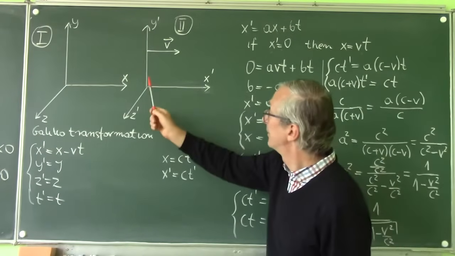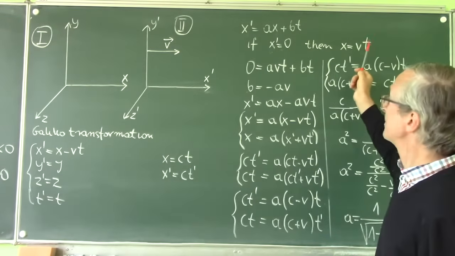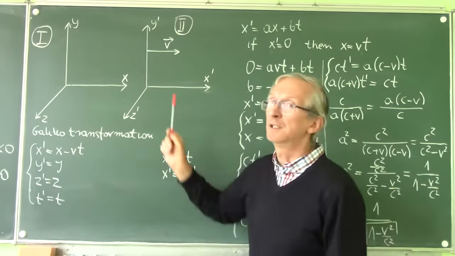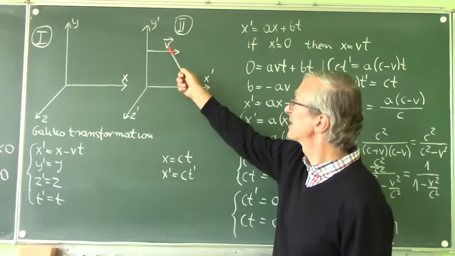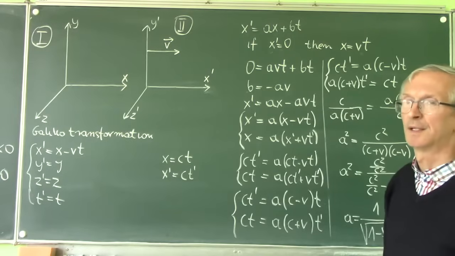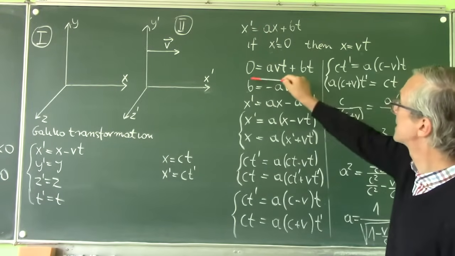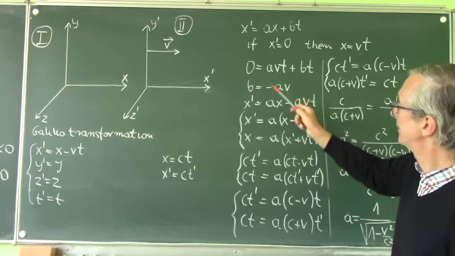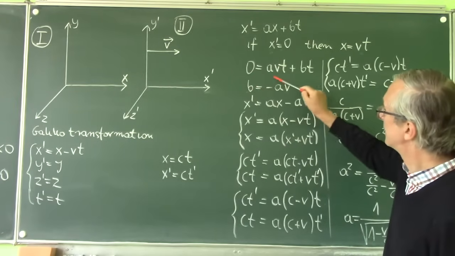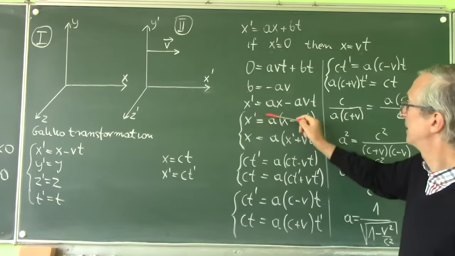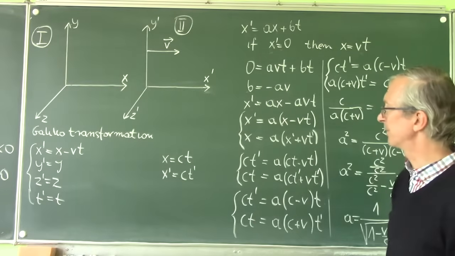And x is equal to v times t because this point is moving in the direction of the axis x with the speed v. Now we'll just put these values to the equations above, and it's done here. And we can calculate from this equation the constant b. Then we just put this value here, and we could write it in this form.